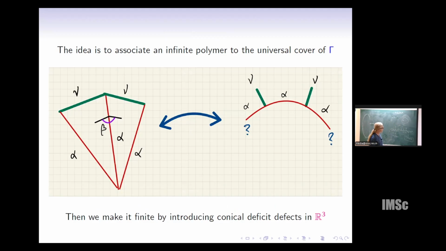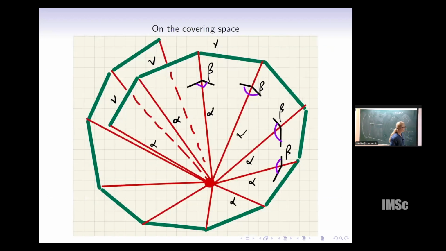Since nothing stops me from continuing, I will take the universal cover of that graph and get the infinite version of it, and associate a polymer to this infinite graph, an infinite comb-type graph. I will just keep bending at the same angle beta, so we'll get a repeating structure.